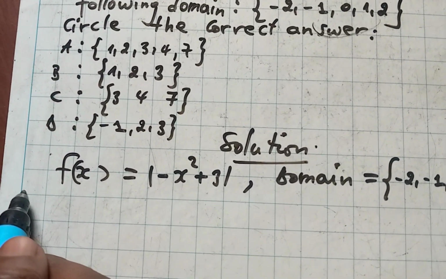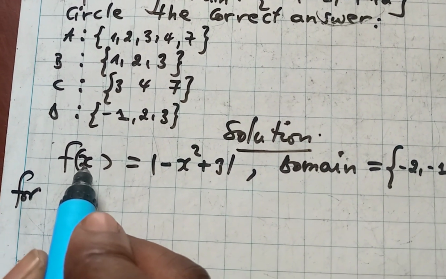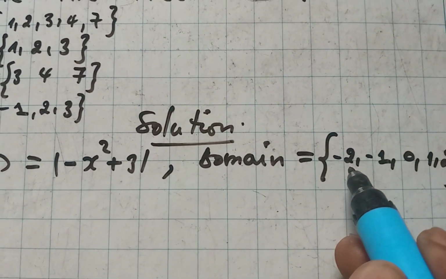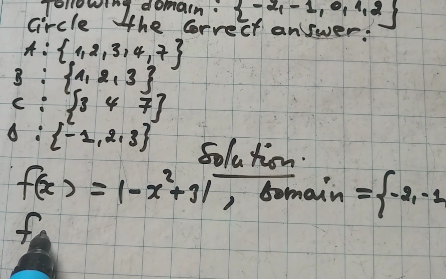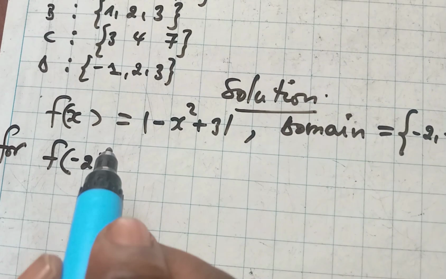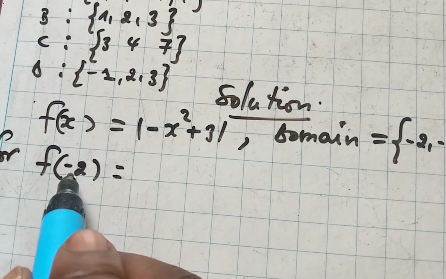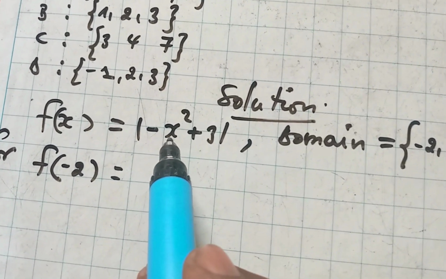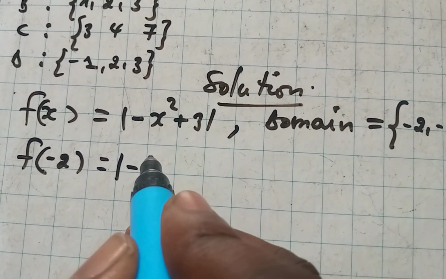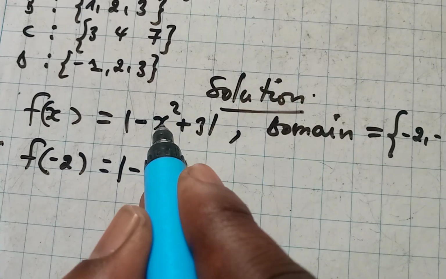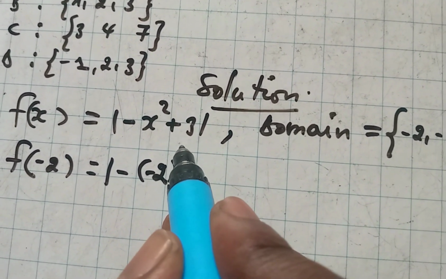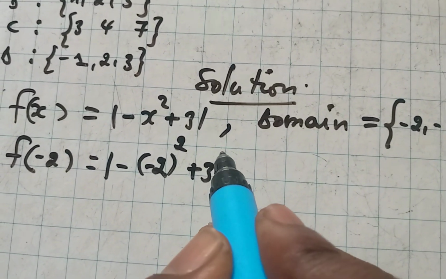So now, if the x in the function is equal to negative 2, means we have negative 2 in place of x of the function. So this negative 2 is going to replace x in the function we have here. So we have the absolute value of x squared. Now this x is becoming negative 2. So we have negative 2 here, then square plus 3.